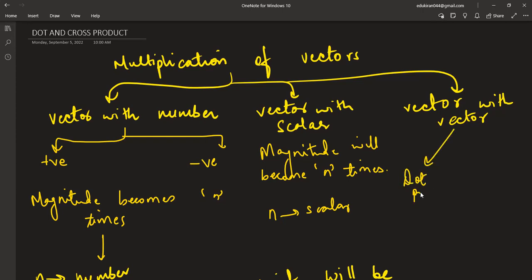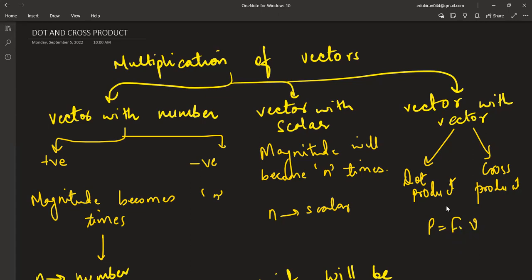One we call dot product, the second we call cross product. Depending upon their formula, we will use them. In this example, power is equal to F dot V. We do not simply multiply force with velocity because we are multiplying a vector quantity with another vector quantity. So power will be F dot V, meaning we use the dot product.